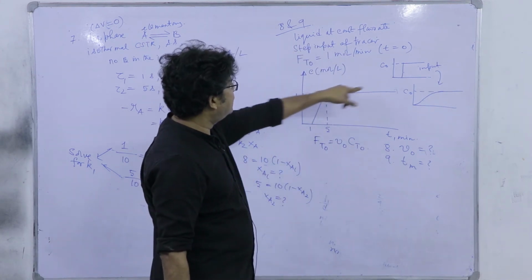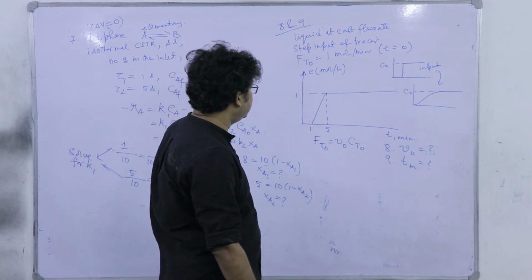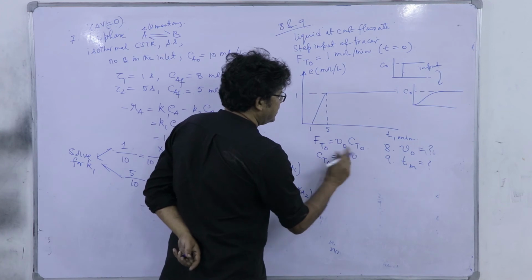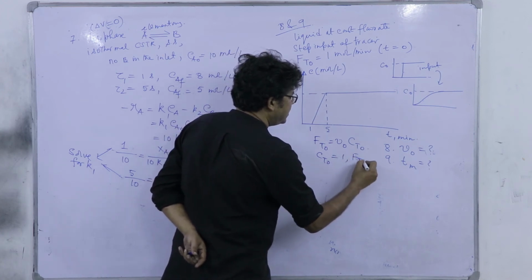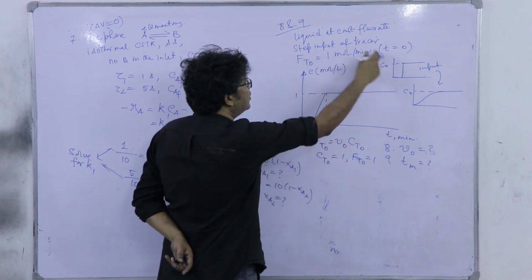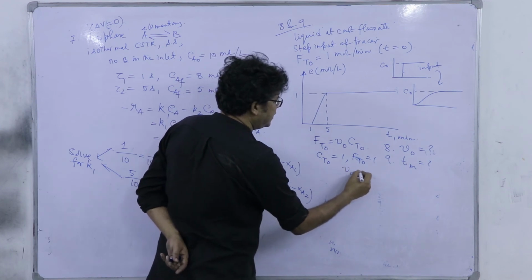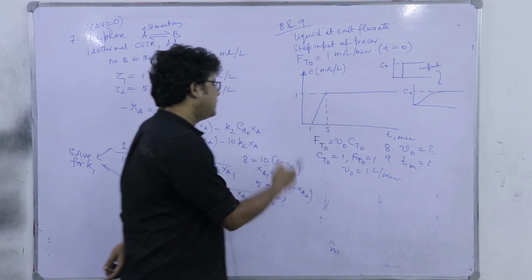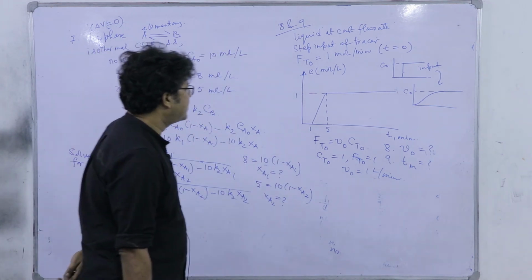So, here it saturates to 1 mole per liter. So, Ct naught equal to 1, Ft naught equal to 1 mole per minute. So, V naught equal to 1 liter per minute. That is the answer.